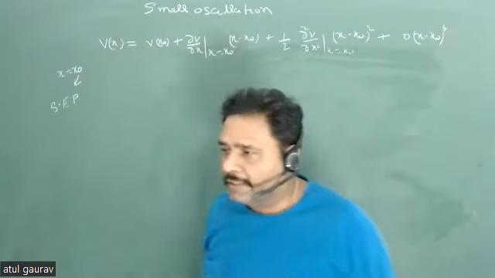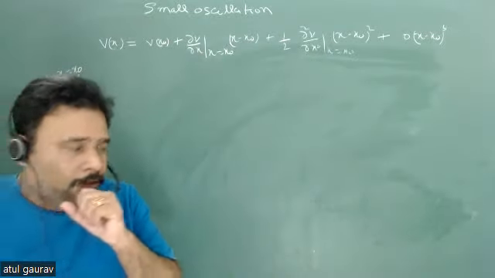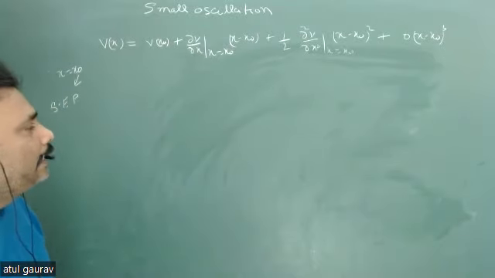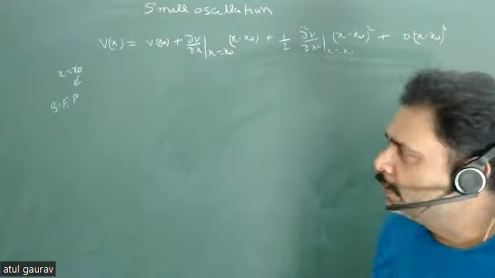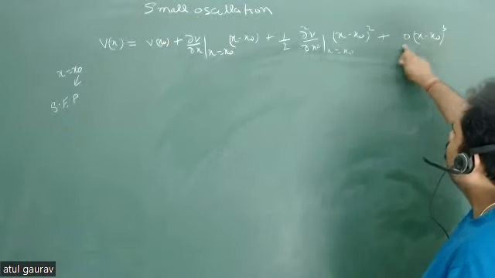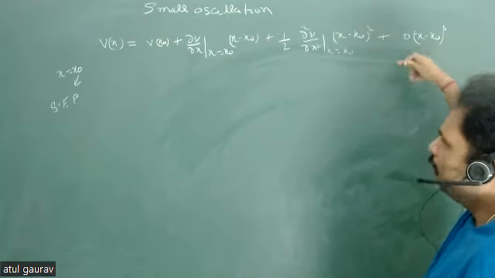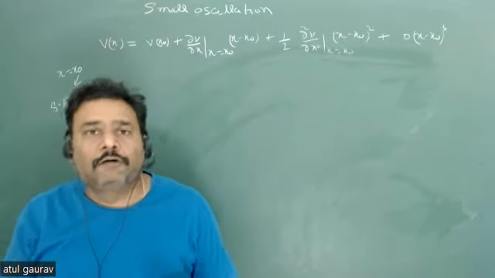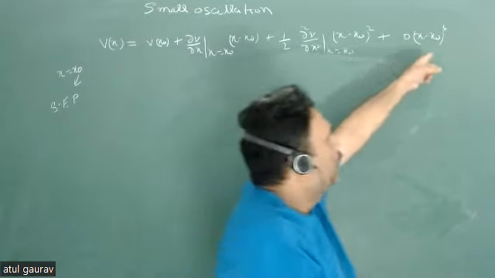But what is the beautiful part about the small oscillation? We can neglect the anharmonic part of the potential. Are you getting my point? What is the logic behind this negligence of the higher terms?